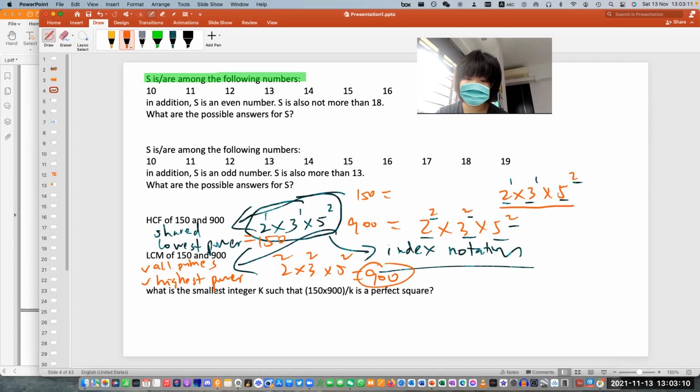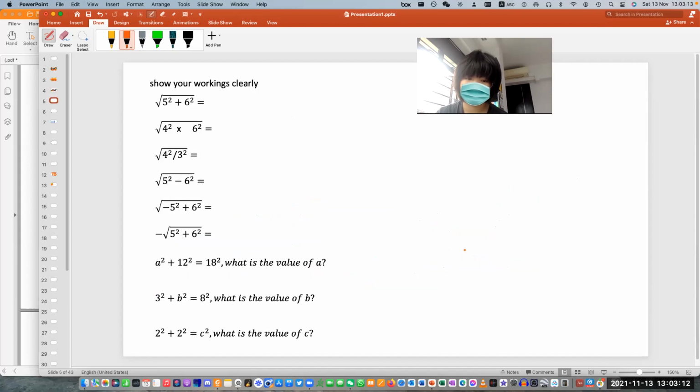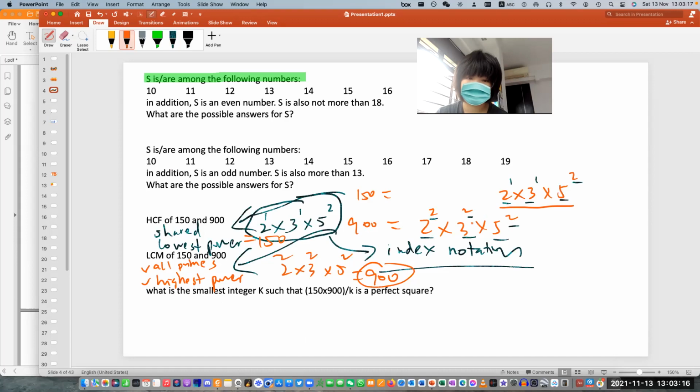So now you need to use the prime factorization here in terms of index notation to do the question below. Okay. So 150 is given by this, so I just write it down: 2 times 3 times 5 to the power 2.